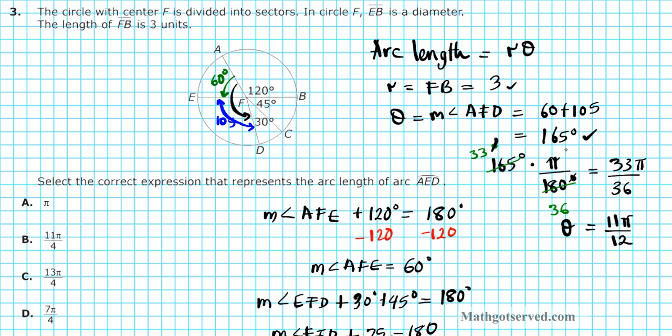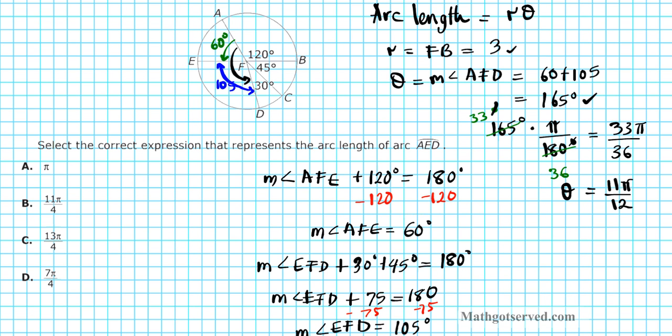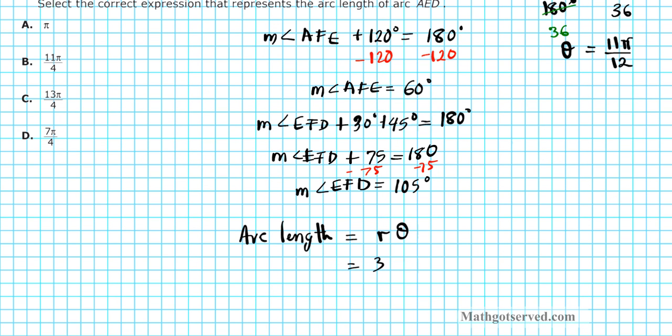Theta in degrees is 165, but in order to use the formula, arc length is equal to r theta, we need to convert our angular measure into radians. If you look at the options we have here, there are no degrees. That's an indication that we're to convert our angle to radians. So now that we know what r is and what theta is, let's put it in here: 3 times 11 pi over 12.